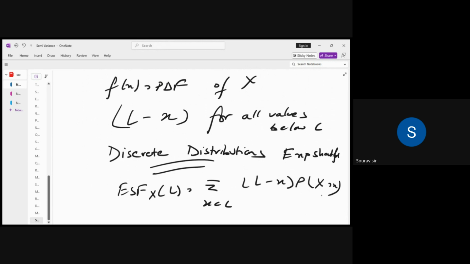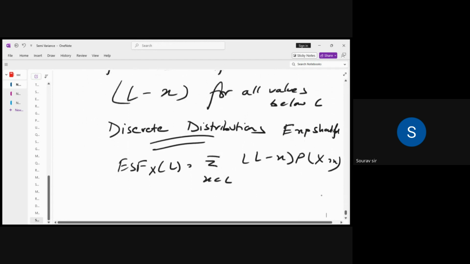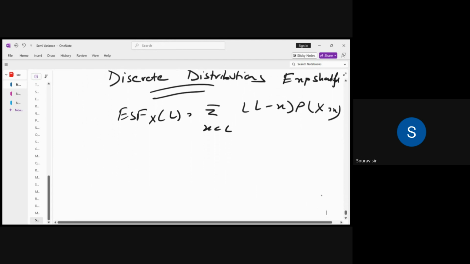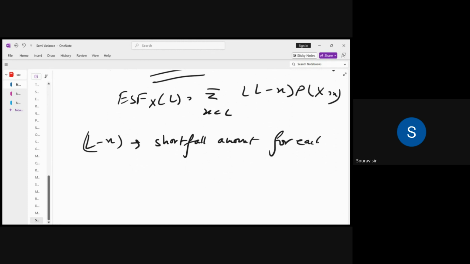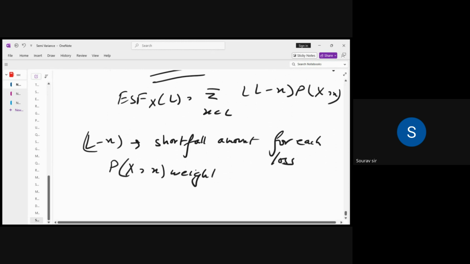Here it only considers the values of X that are less than L. L minus X represents the shortfall amount for each loss, and the probability P(X) weights the contribution of each shortfall.